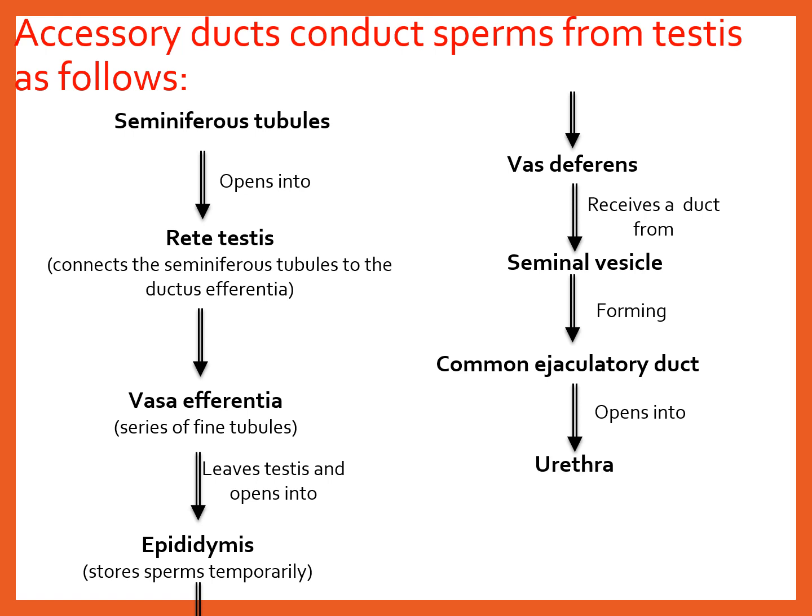This common ejaculatory duct opens into the urethra. The urethra opens as an external opening called the urethral meatus. So the last external opening is called the urethral meatus.